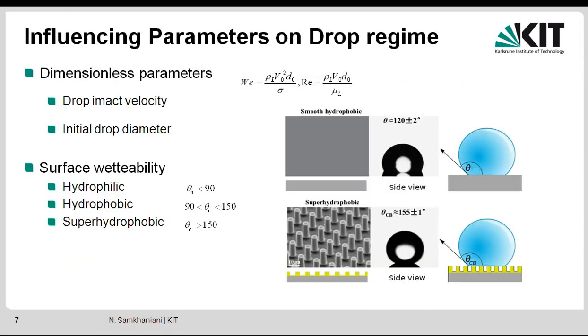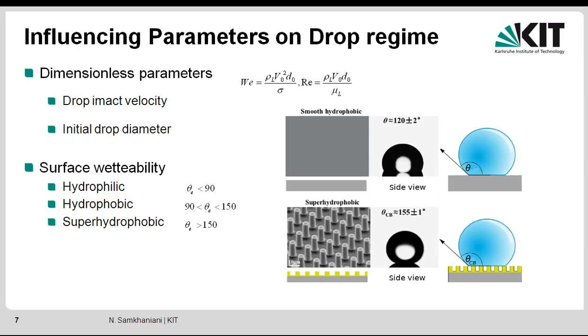We know the parameters affecting the drop regimes include the drop impact velocity and initial diameter, which can be seen in dimensionless parameters like the Weber number and Reynolds number. Also, another important parameter is the morphology of the wall. The wall can be hydrophobic or superhydrophobic.